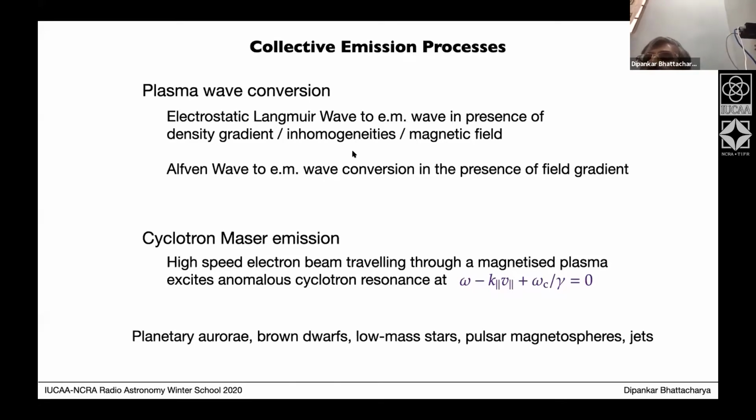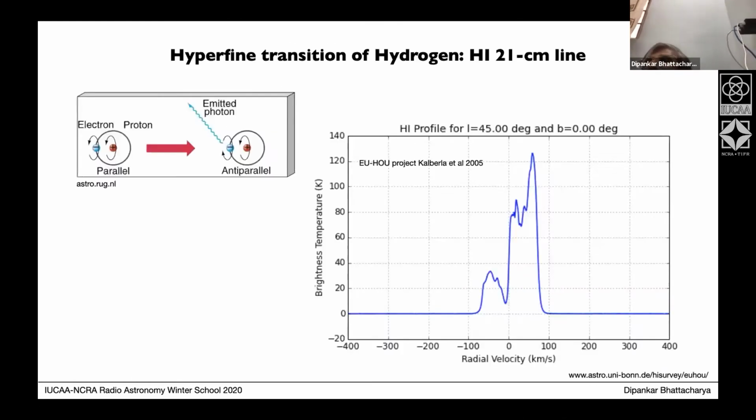Okay, thank you. Dipankar, there was a question in the chat about multiple peaks in the H1 emission profile. So you see multiple peaks, valleys, and so on, right? Now, each of these, wherever intense emission is there, corresponds to a certain concentration of hydrogen gas.